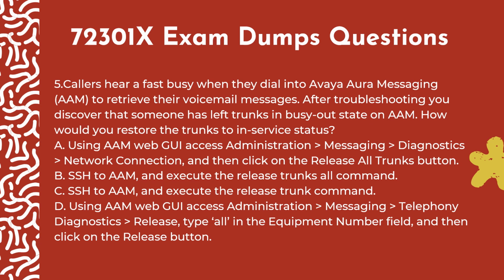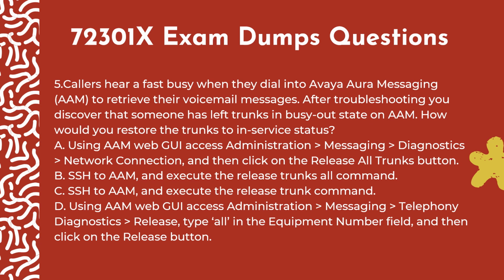5. Callers hear a fast busy when they dial into Avaya Aura Messaging (AAM) to retrieve their voicemail messages. After troubleshooting, you discover that someone has left trunks in busy-out state on AAM. How would you restore the trunks to in-service status? A. Using AAM Web GUI, access Administration, Messaging, Diagnostics, Network Connection, and then click on the Release All Trunks button.